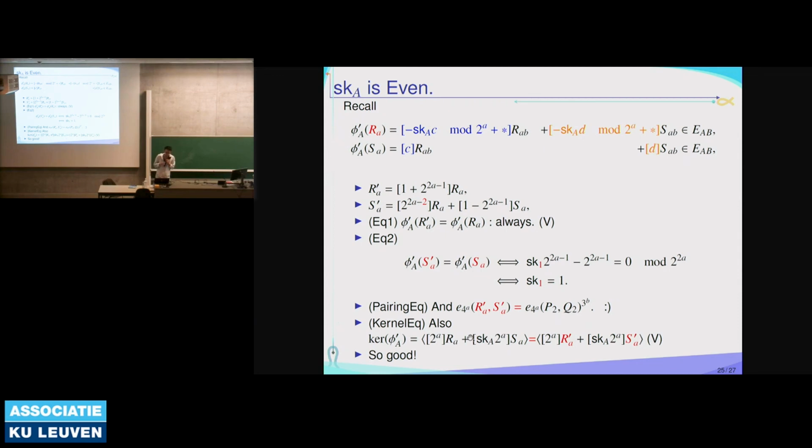So if the first bit of SK is 0, then we can use this method to extract the second bit of SKA. And how about if the second bit is also 0? We can adjust this.